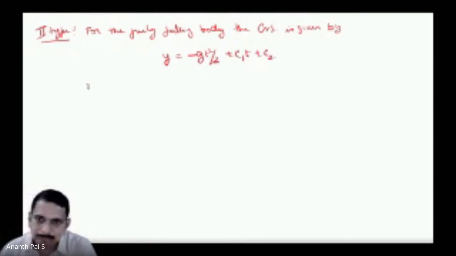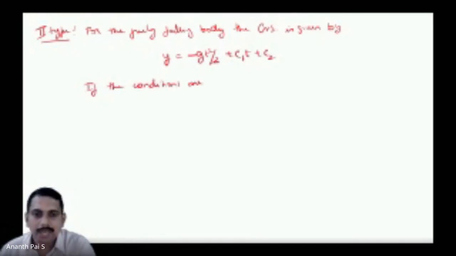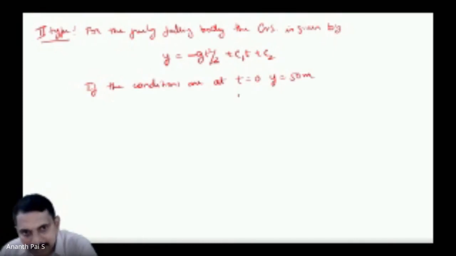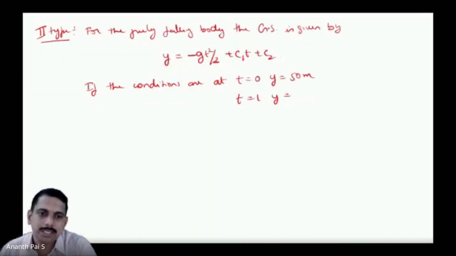If the conditions are at t is equal to 0, y is equal to 50 meters, and at t is equal to 1, y is equal to 45 meters.